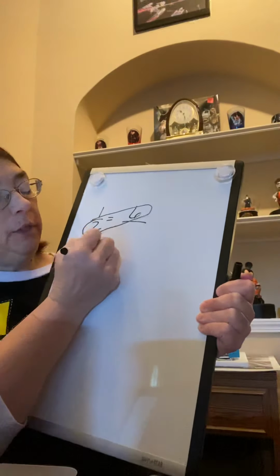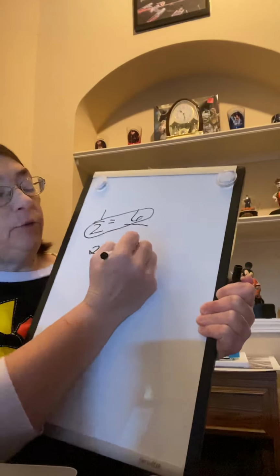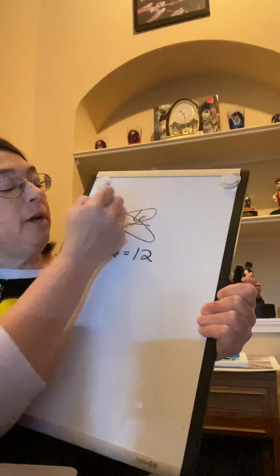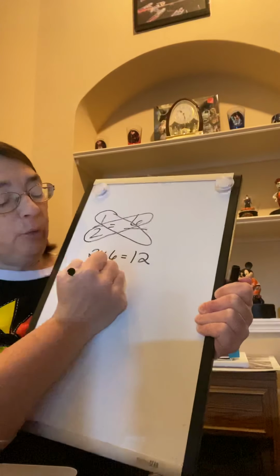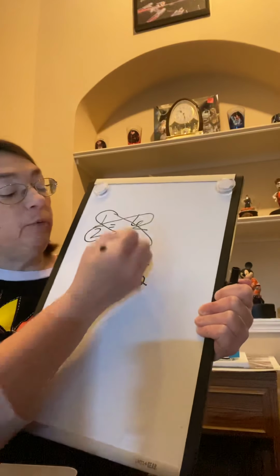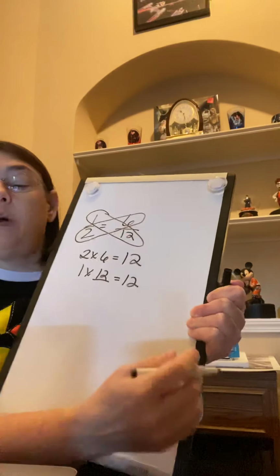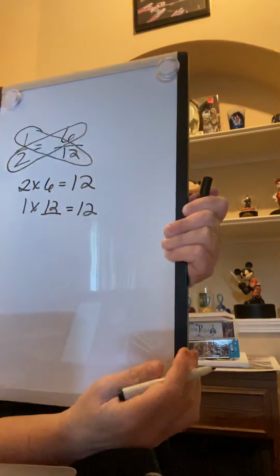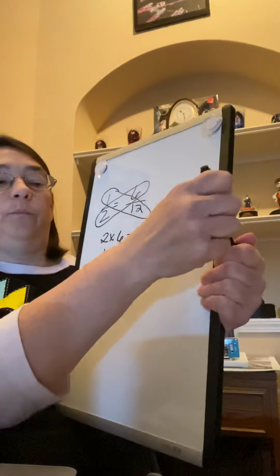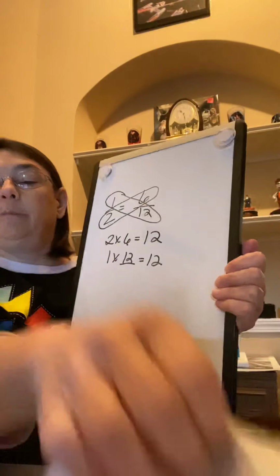So 2 times 6 equals 12. And then I do the butterfly this way. 1 times what equals 12? 1 times 12 equals 12. So my bottom is 12. All right, are we good on this?